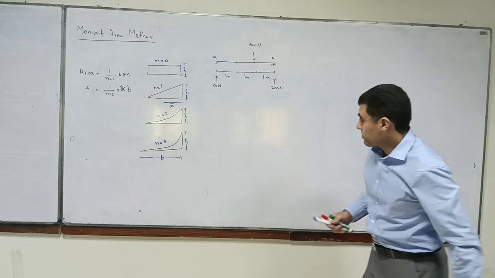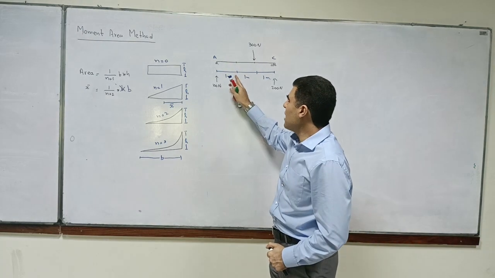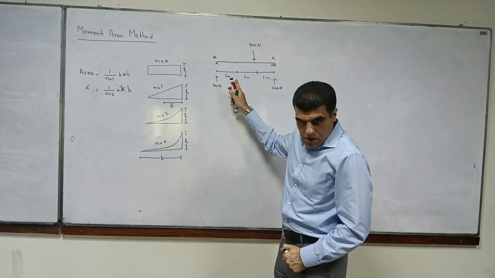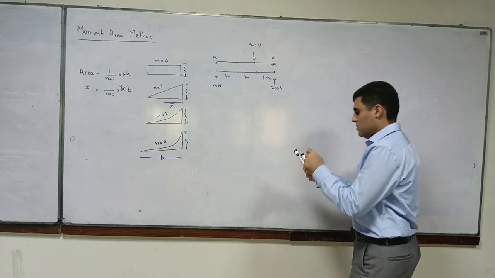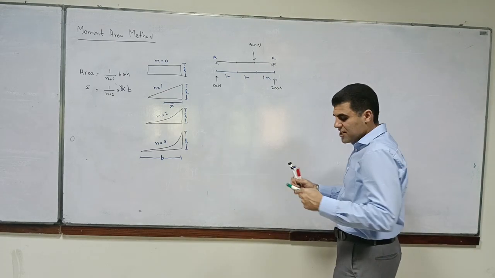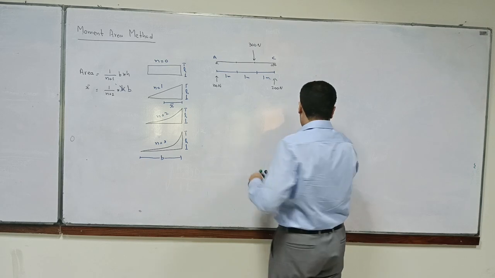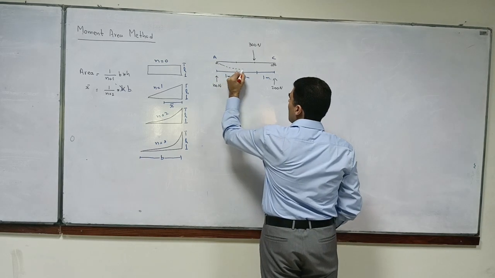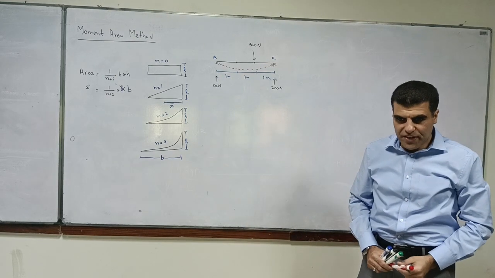Now, if we are asked to find the deflection at 1 meter from the left support, how can we do that? How can we find the deflection from the left support? Now the elastic curve would be something like this.